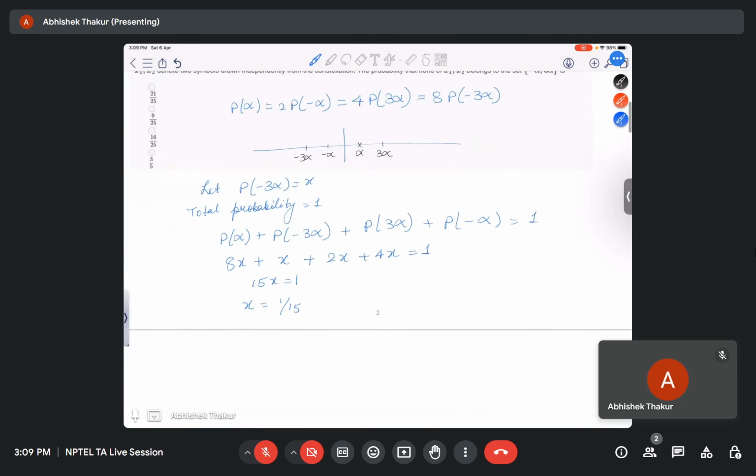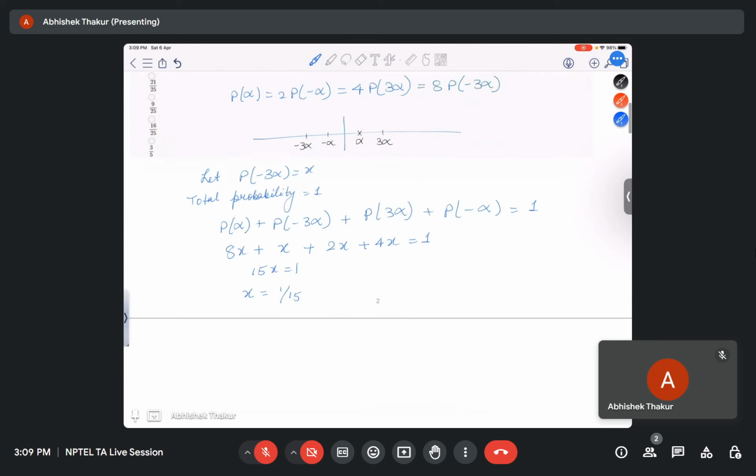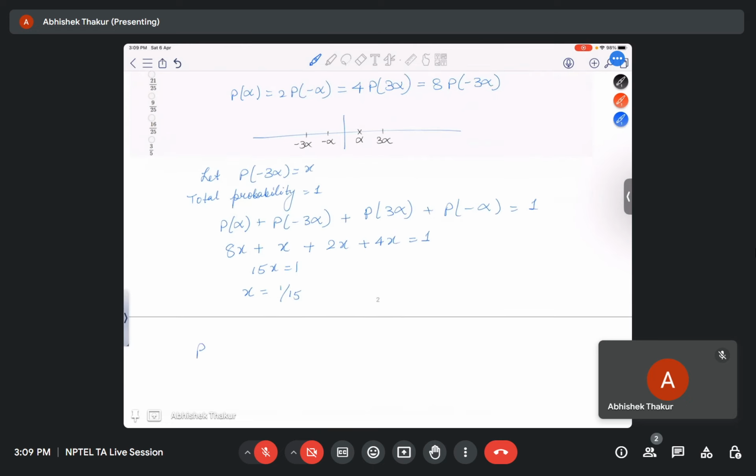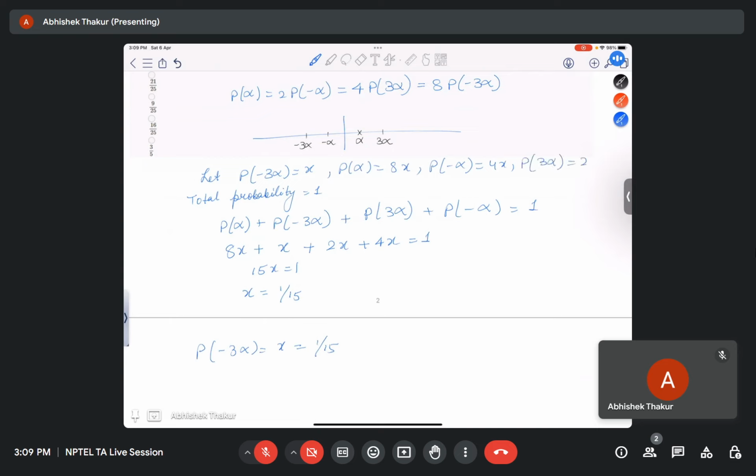So now substitute all the values. So probability of minus 3 alpha is equal to x, so that is equal to 1 by 15. Here also you can write, probability of alpha is equal to 8 times probability of minus 3 alpha, so 8x, and probability of minus alpha is equal to 4 times, it will be 4x, and probability of 3 alpha is twice, so 2x.